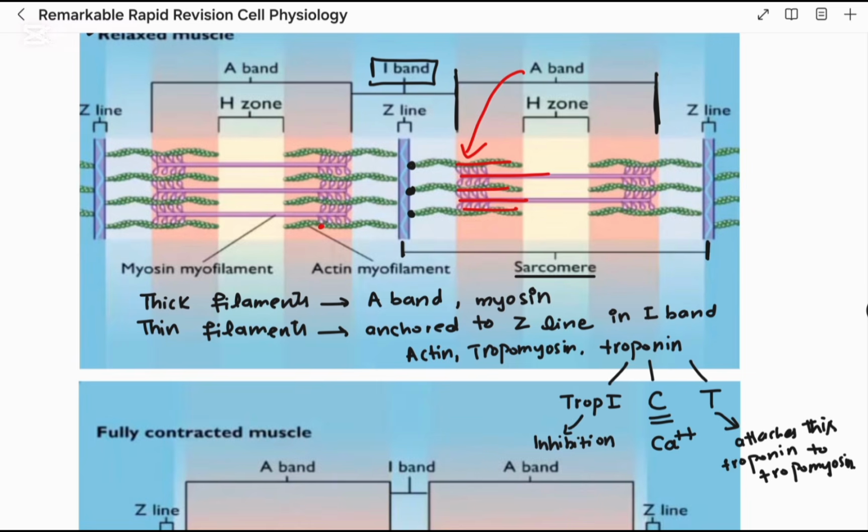Along the actin myofilaments, there are certain binding sites for the myosin heads, and the myosin head can attach to these binding sites and generate the force for the contractions. So simply, the force of contraction is the function of myosin myofilament or the thick filament. The only filament which is present in the H zone is the thick filament.